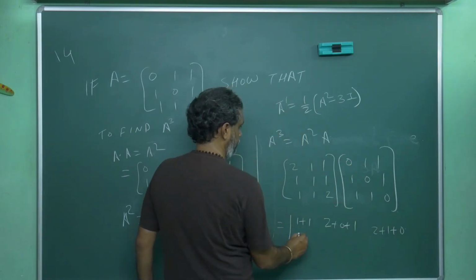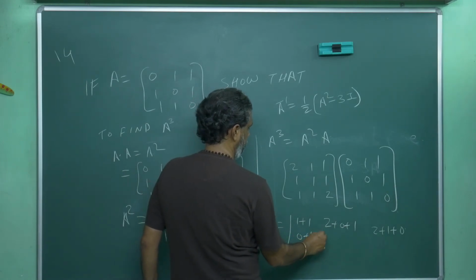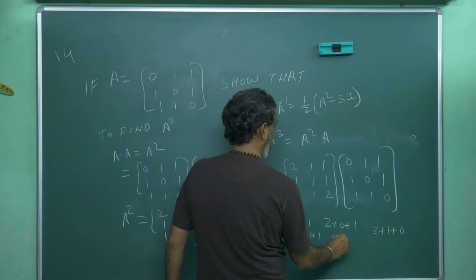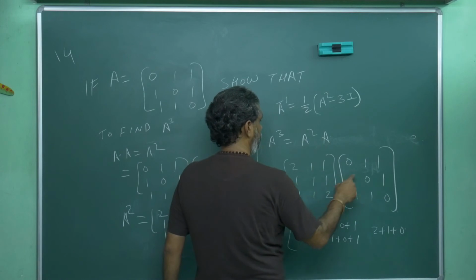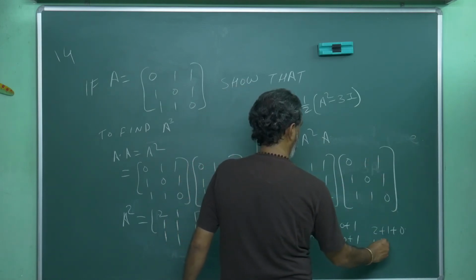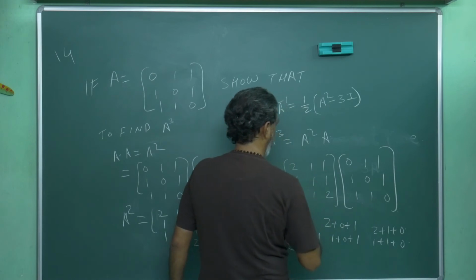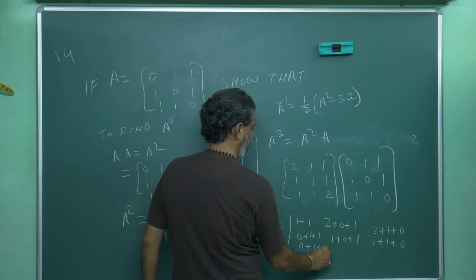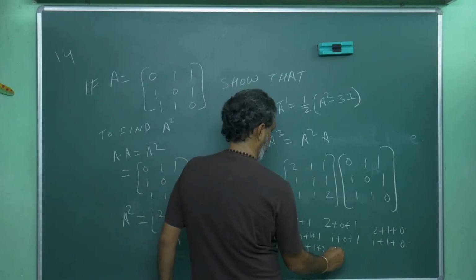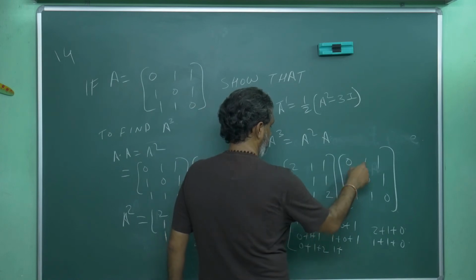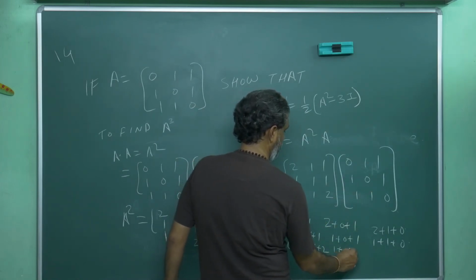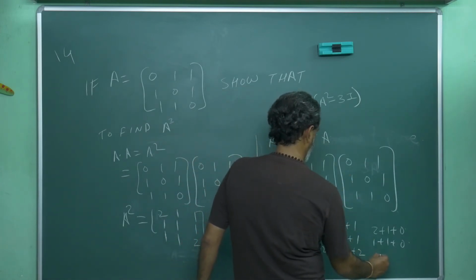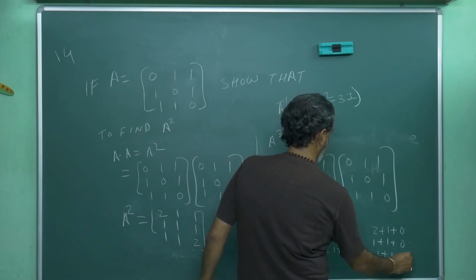Second row, first column: 0 plus 1 plus 1. Second row, second column: 1 plus 0 plus 1. Second row, third column: 1 plus 1 plus 0. Third row, first column: 0 plus 1 plus 2. Third row, second column: 1 plus 0 plus 2. Third row, third column: 1 plus 1 plus 0.